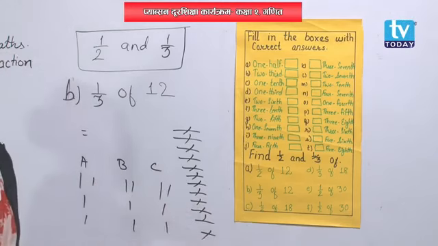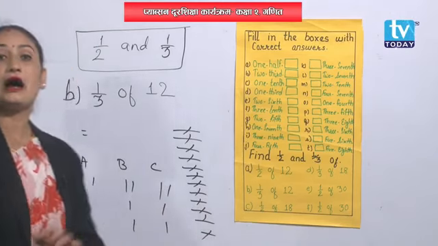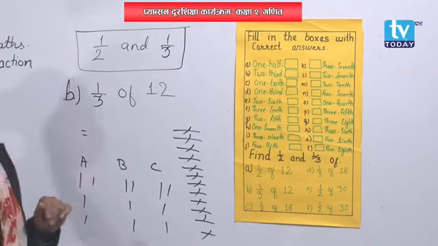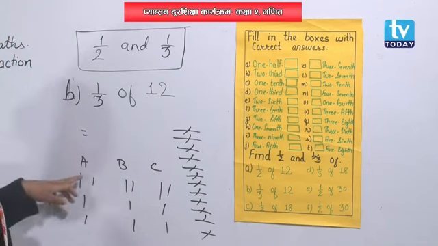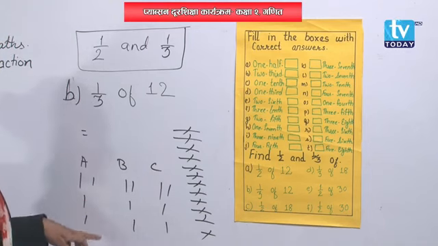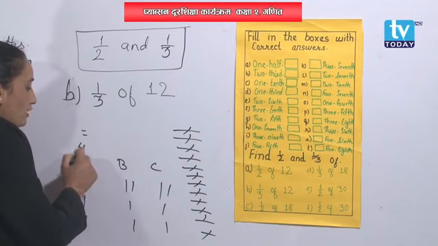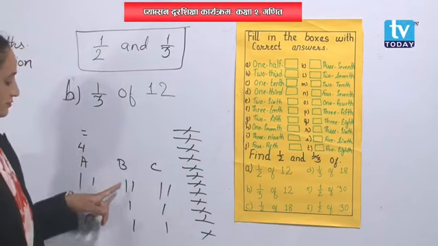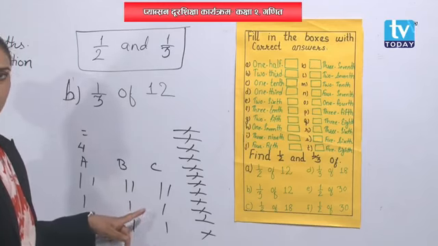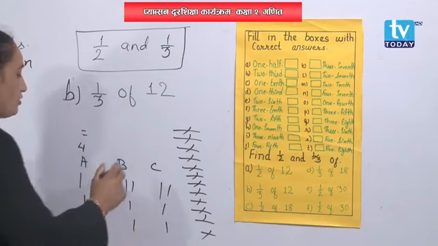Now please count, students. How many lines are there in group A? 1, 2, 3, 4. Group A has 4 lines. And what about group B? 1, 2, 3, 4.